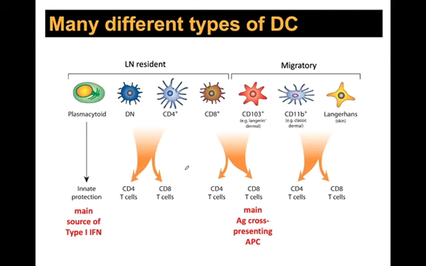Now that's important because that's the main way that you're going to activate CD8 T cells, is by these CD103 positive dendritic cells. Those are the only two that I think you should really remember because they have implications for later when we're talking about how the response proceeds.